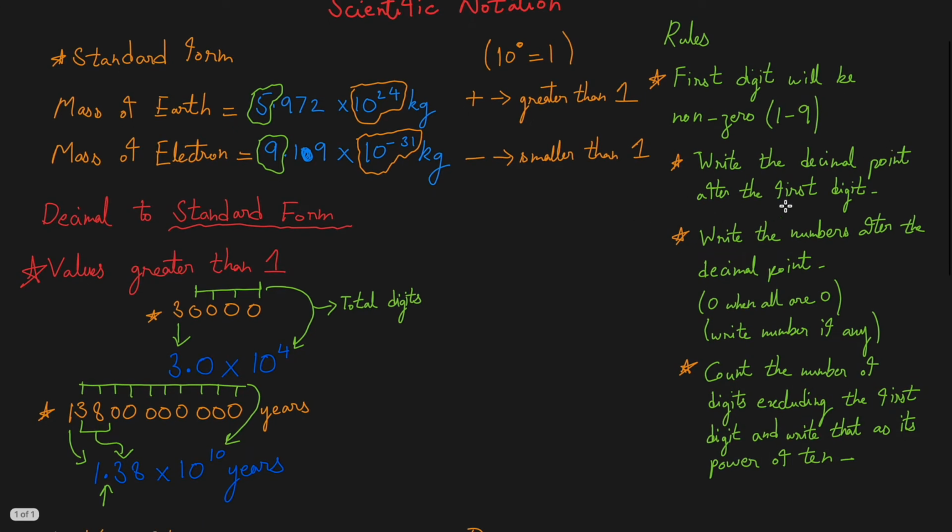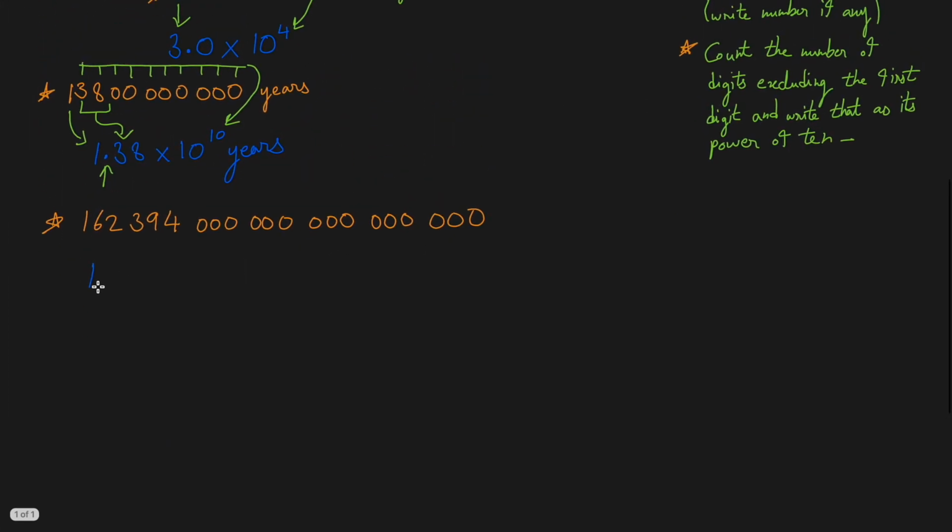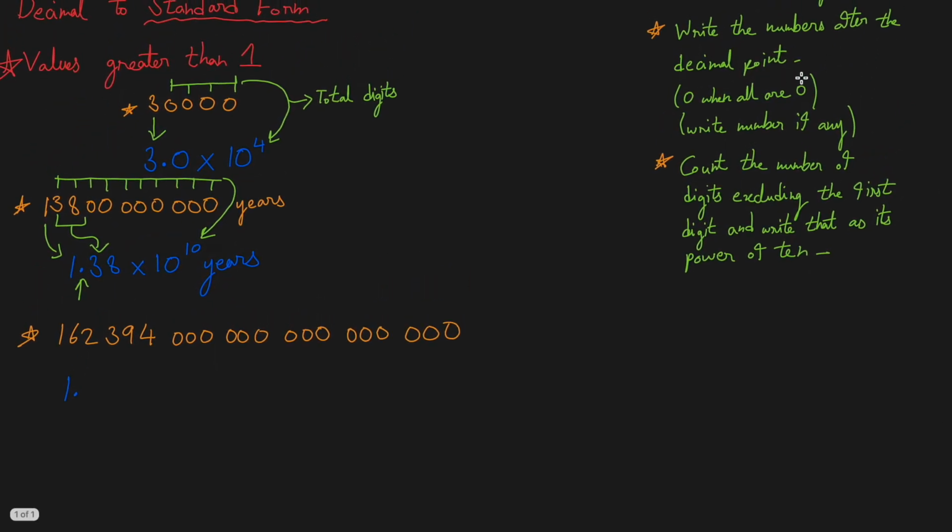Rule 2, write the decimal point after the first digit. Okay, decimal point here. Now write the number after the decimal point: 0 when all are 0. After 1, these are all zeros, but these aren't zeros. So what we'll do is write the number if any. We will write the whole number here, the given numbers, 6 2 3 9 4. Now we will introduce the multiplication sign, and then we will write 10. And what's going to be the power of it? We will count down, neglecting the very first digit here.